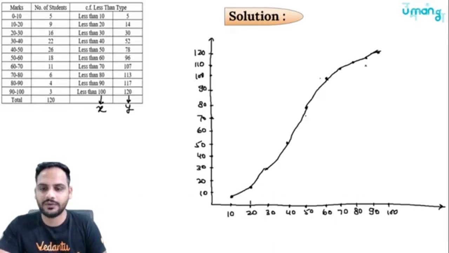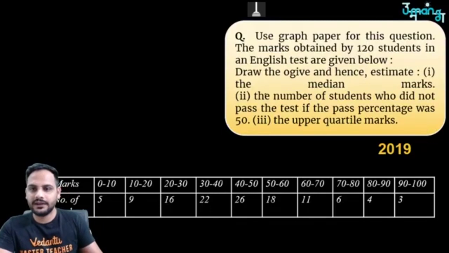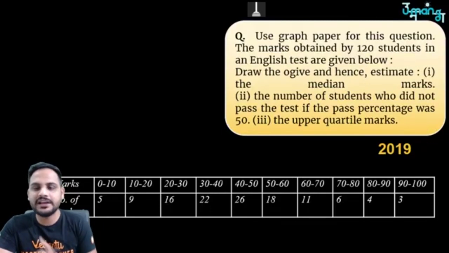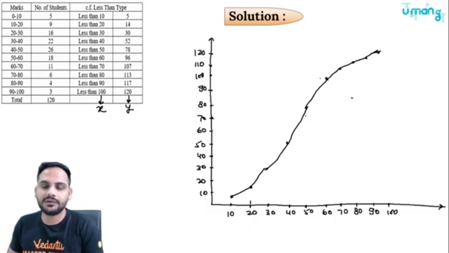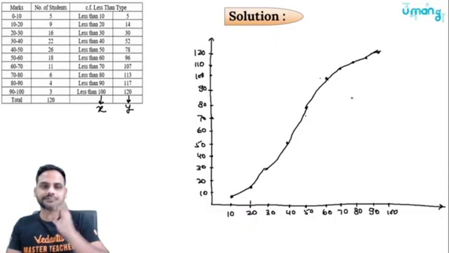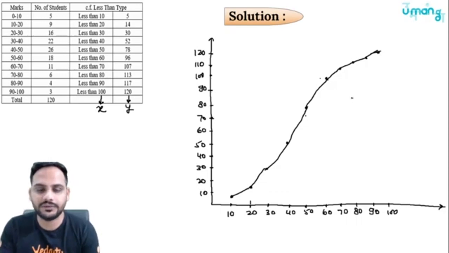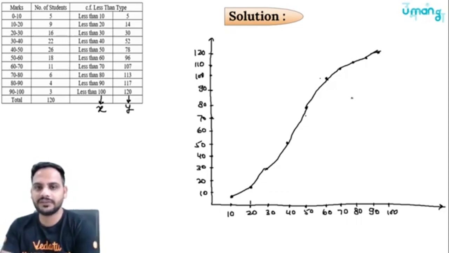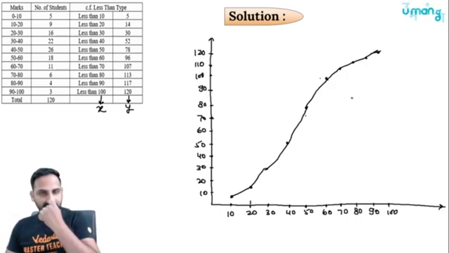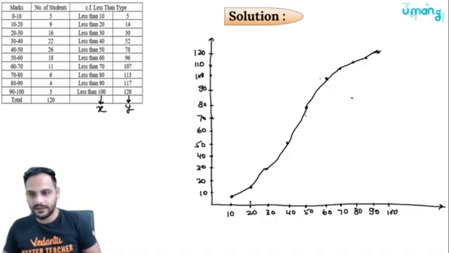Now see, the next question which they are asking me is find the median marks. Median marks beta, how do you find out? Very important thing. How do you find out the median from the ogive? So the first thing you need to understand, for the median marks, we need to see which category here will be coming as the median.